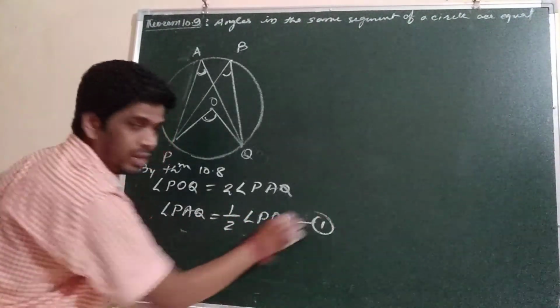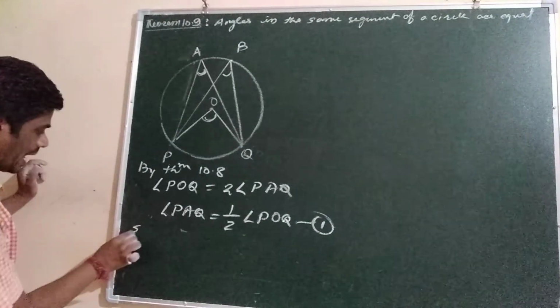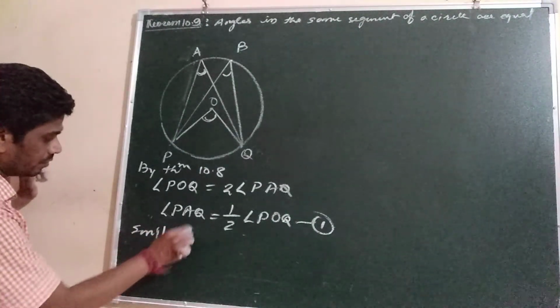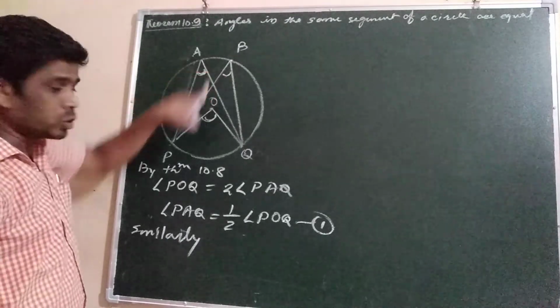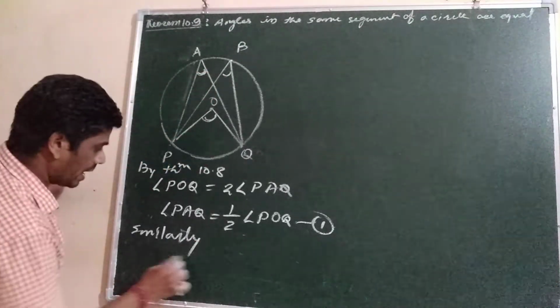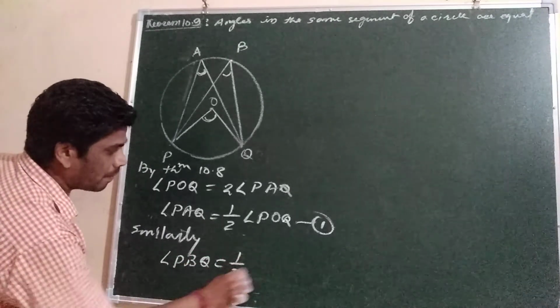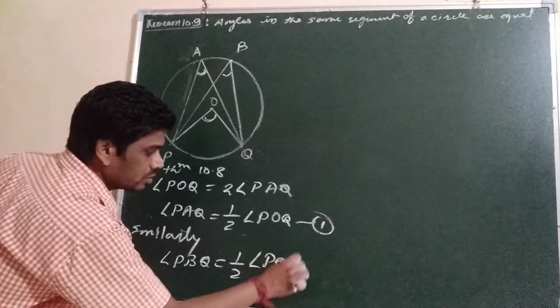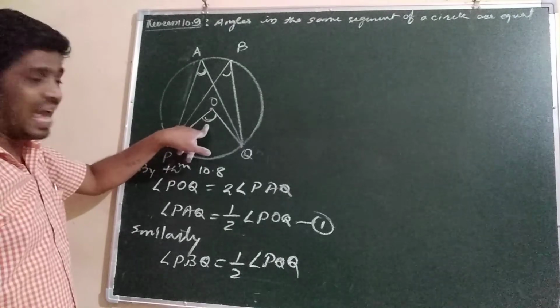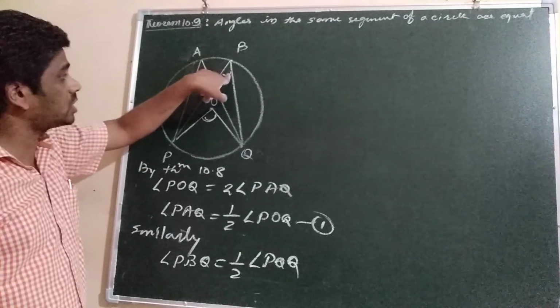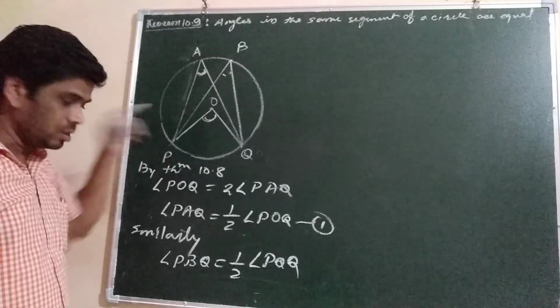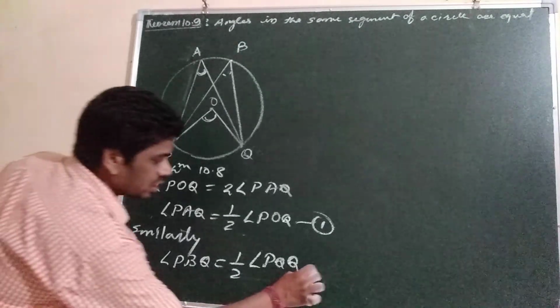This is equation 1. Similarly, we can write this angle will also be half of this angle. So angle PBQ will also be half of angle POQ, because angle POQ will be double of this, which means this angle will be half of this. This is equation 2.